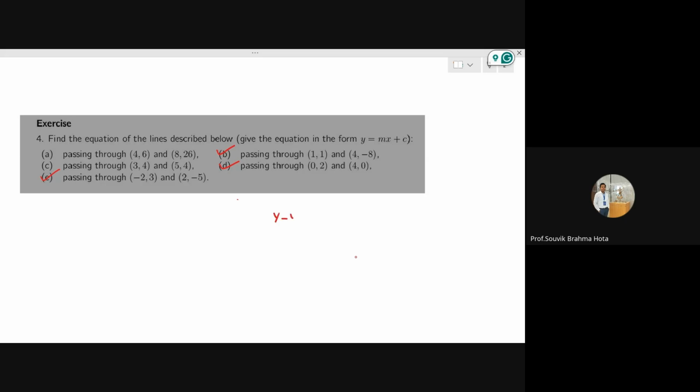So y minus y1 divided by y2 minus y1 is equal to x minus x1 divided by x2 minus x1. So in this case, it will be y minus 1, y2 is minus 8, and y1 is minus 1. Then x minus 1, x2 is 4 minus 1.